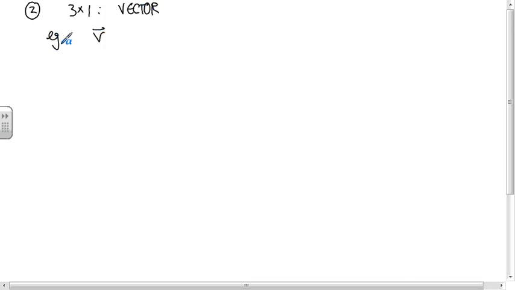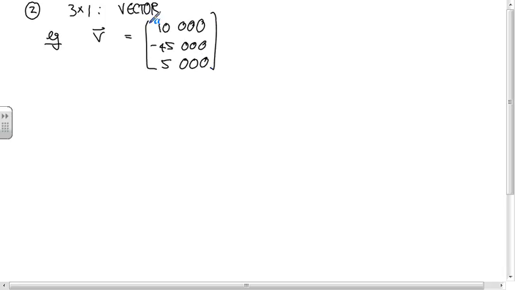So for example, the vector V is equal to 10,000 newtons, negative 45,000 newtons, 5,000 newtons. So just like in statics, external forces or external couples are going to be vectors, and so we'll represent them as 3 by 1 matrices like this.